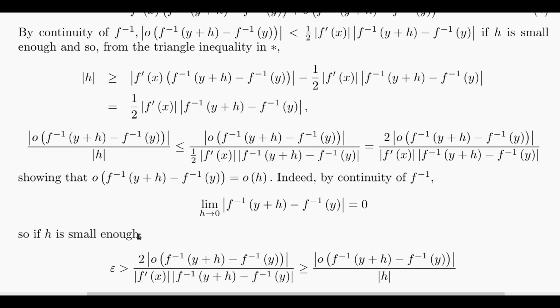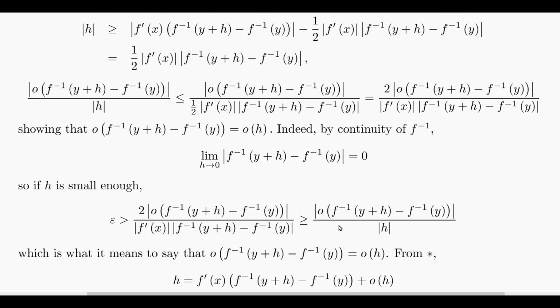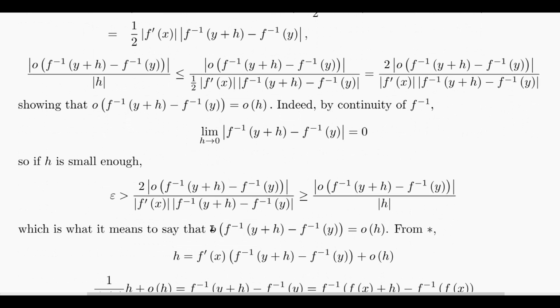So if h is small enough, I could say epsilon is bigger than this thing, and that's bigger than that. Since epsilon is arbitrary, this satisfies the criteria needed to say that this expression is little o of h. Okay? So wherever I see this, I can put this.